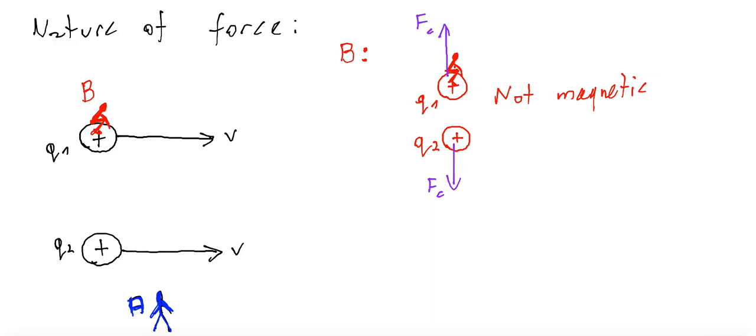Okay, let's describe the same situation from the perspective of observer A. What does A see? A, who is outside, sees both charges Q1 and Q2 moving to the right with velocity of v.